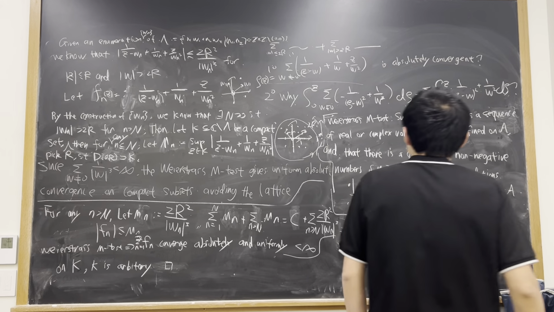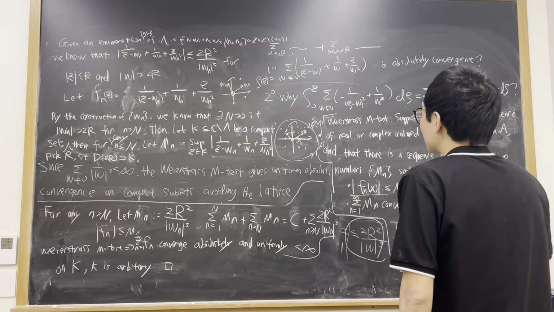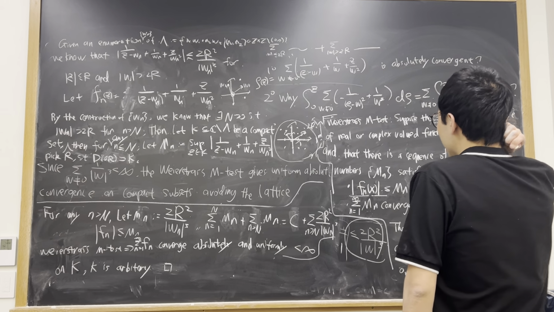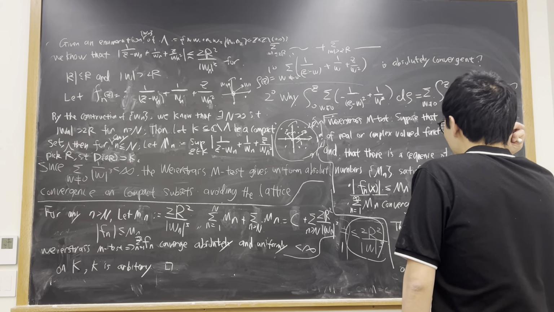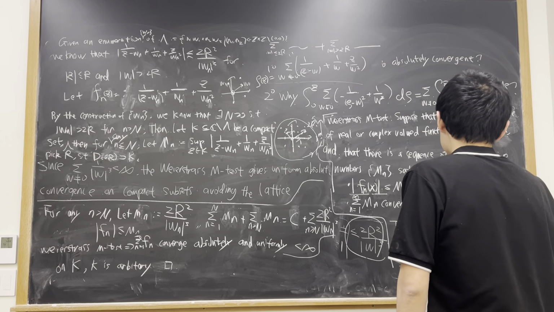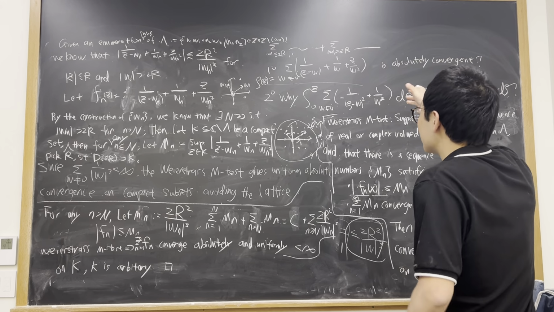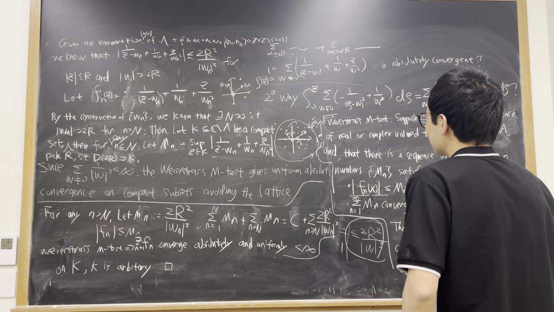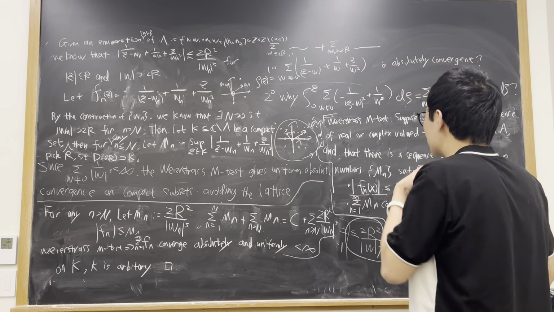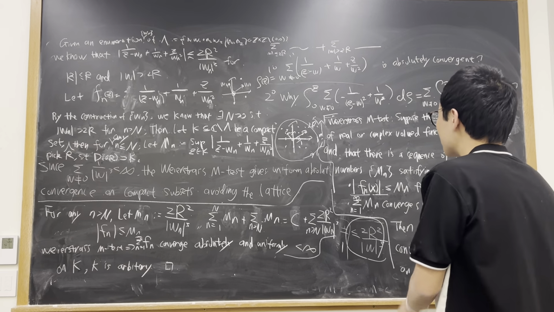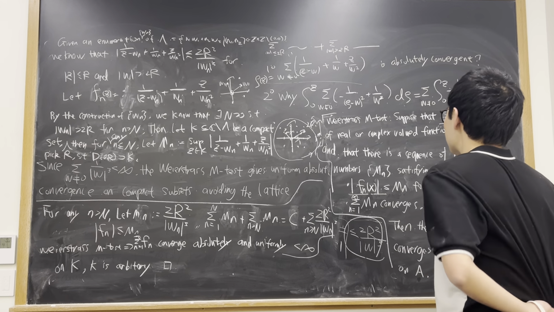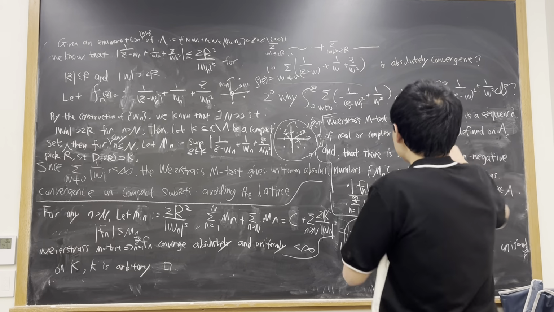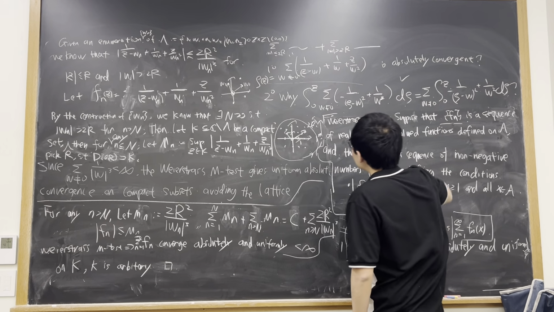In this case, this zeta z is well defined, because we have absolute convergence. Absolute convergence implies that the limit exists and also stays the same under any rearrangement. So now we are done with the first one.